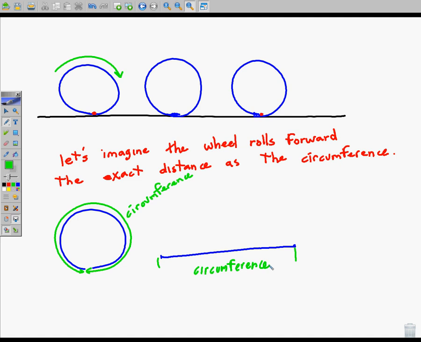Well, if this tire up here rolls forward a distance that's exactly equal to the circumference, we could say that this distance from here to here is exactly 1s, one time all the way around. S for the arc length all the way around the circumference.